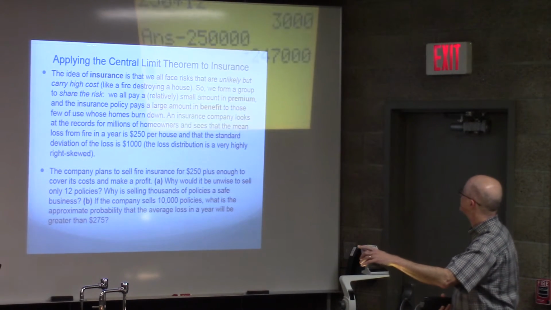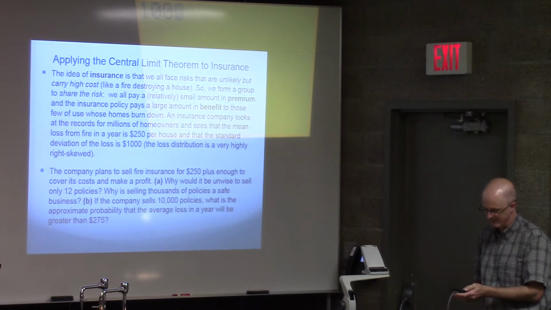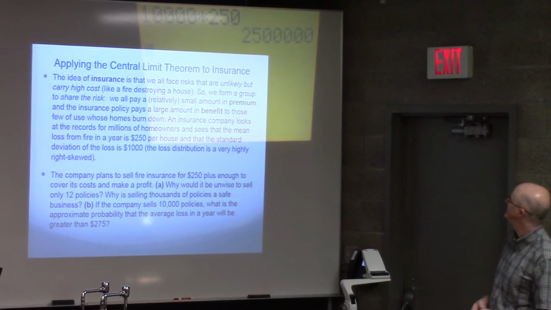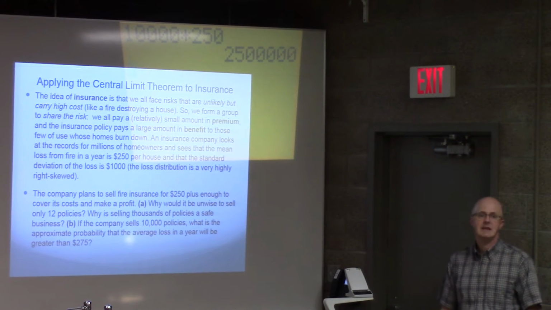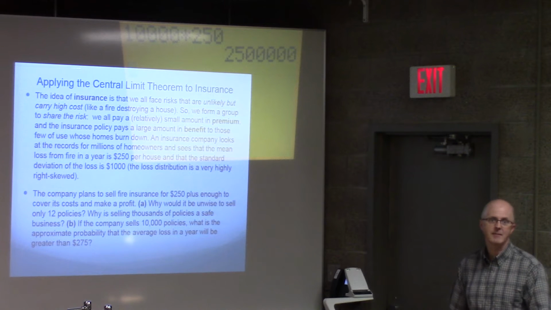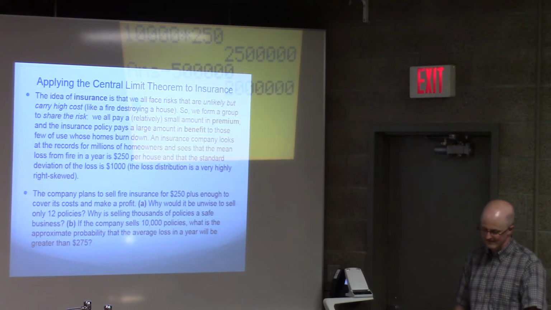On the other hand, if they sell to thousands of homeowners, say 10,000, for $250 each, then they're going to take in $2.5 million. If a few houses burn down, they might lose, say, 500,000 of that and still make a lot of money.